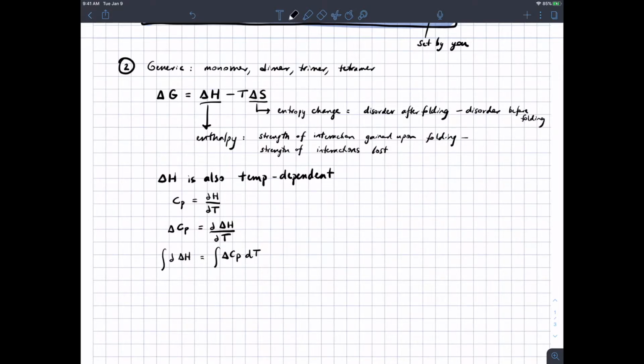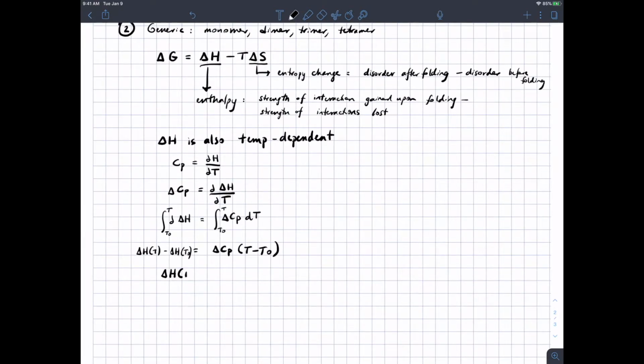Then you can integrate from some reference temperature to some desired temperature, and you will get the equation: delta H at this temperature minus delta H at the reference temperature equals delta Cp times T minus T0. And we can further rearrange that to look like this.